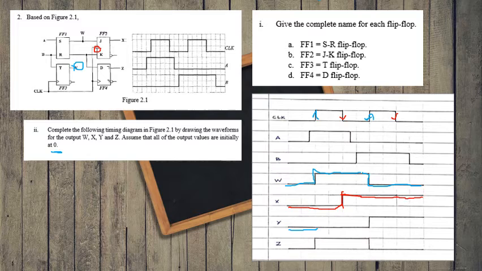When the clock is triggered, the T is 0, the output of Y is still 0, and we say there is no change.